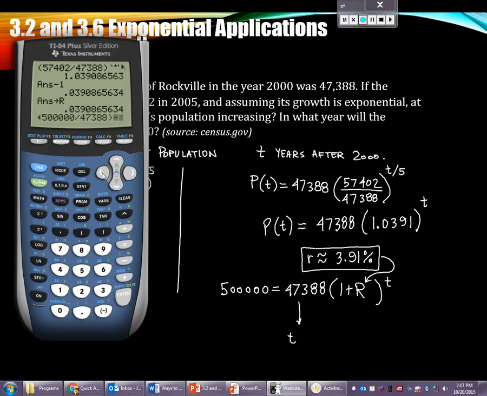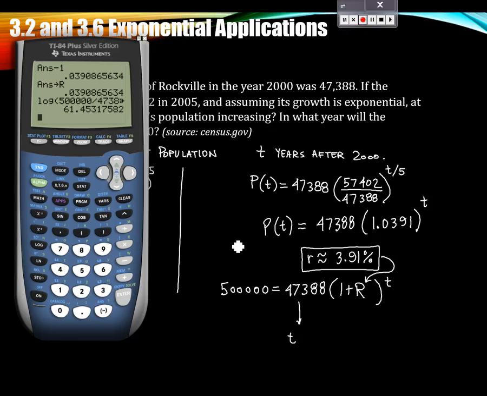Oh no. Divided by log of 1 plus r. Yeah, that'll do it. Geez, 61 years. People who tried it? Okay. So t equals 61.4532, etc. All right, but then it says in what year? So what year would that be?